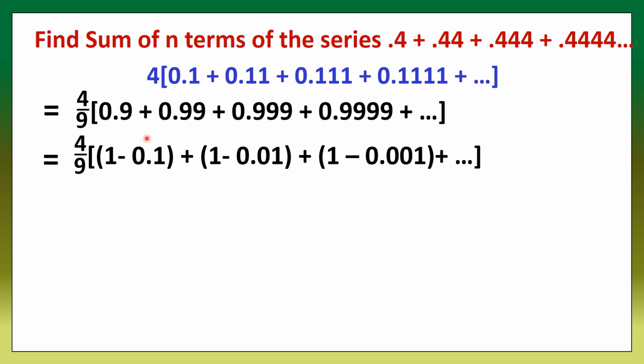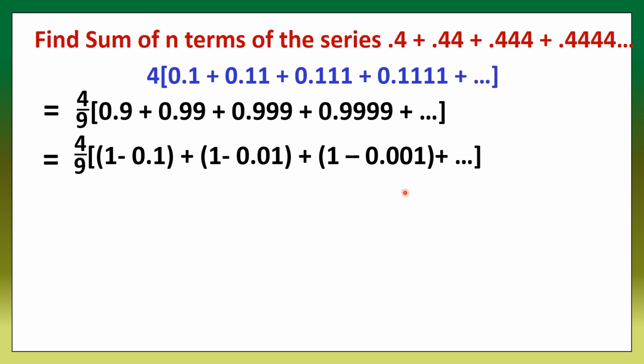Since this question is already in decimals, there is a difference here. So here 0.9 is 1 minus 0.1 and 0.99 is 1 minus 0.01. 0.999 is 1 minus 0.001. So we have to take it like that.